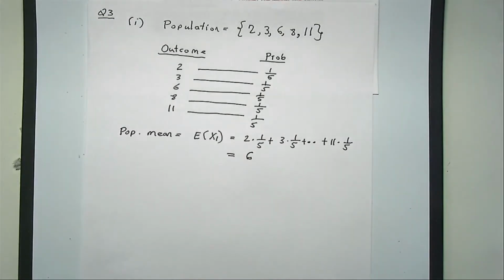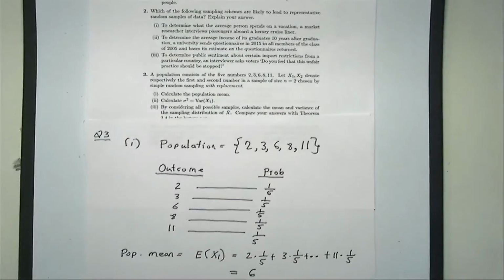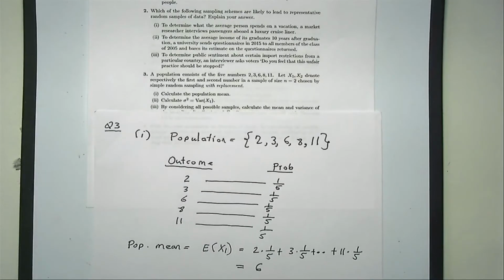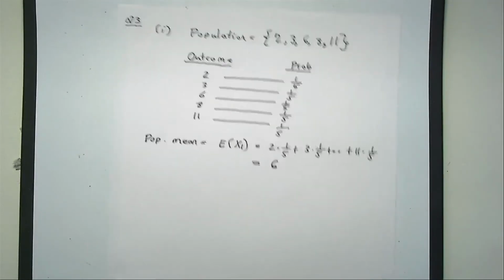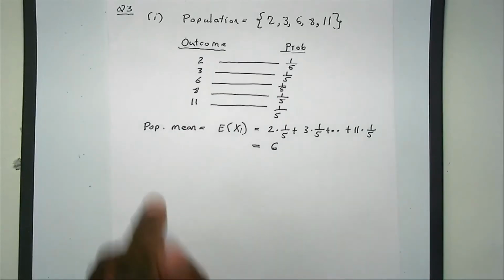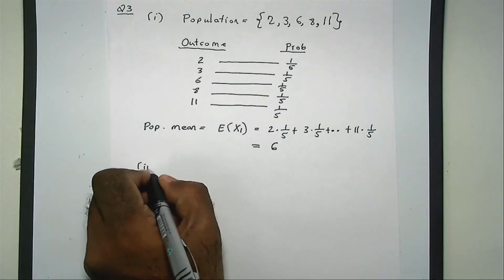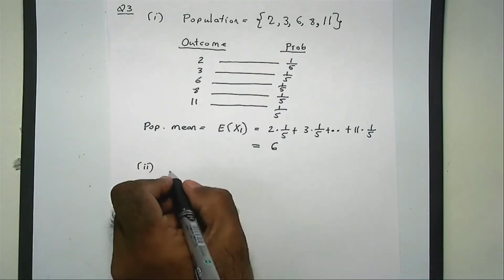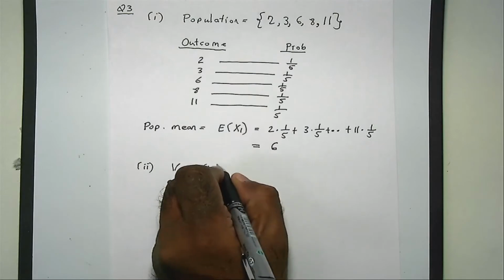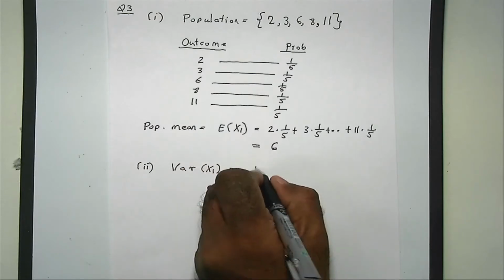The second part of the question is to find the variance of x1. So we want to find the variance of x1. Remember, the variance of x1, which is the population variance, can be written as this.